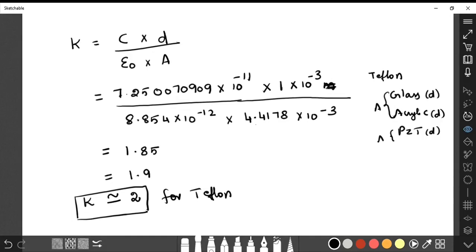Why? Because the radius of the capacitor is small here. The radius of the capacitor will be large compared to this one. So here this radius will change, and accordingly the area of the capacitor will change. Based on your sample you have to do this calculation in the same way so that you will get the exact values.